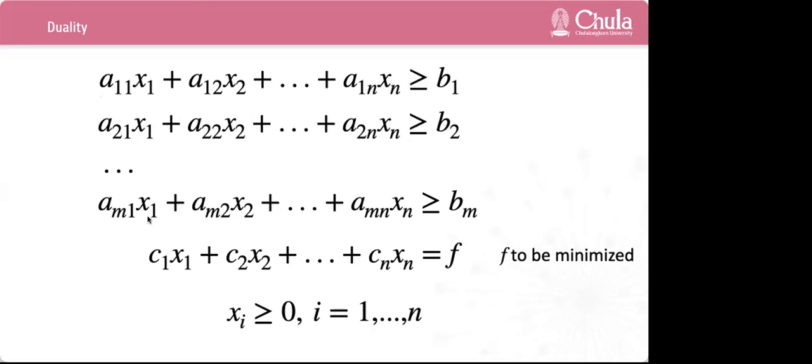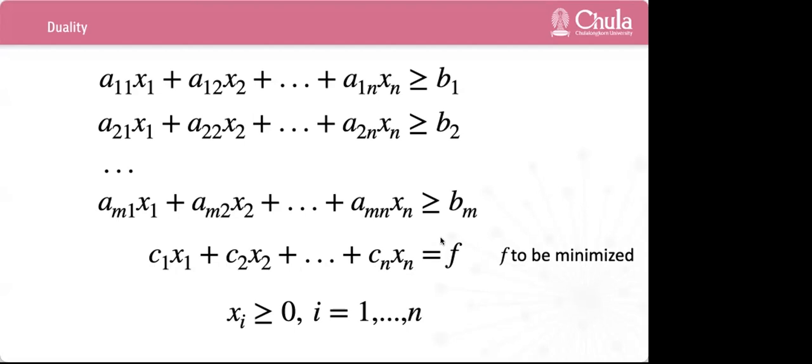Okay, and we also have other expressions. For the objective function, we have c1 x1 plus c2 x2 plus and so on plus cn xn equal to f, where all xi's are positive.